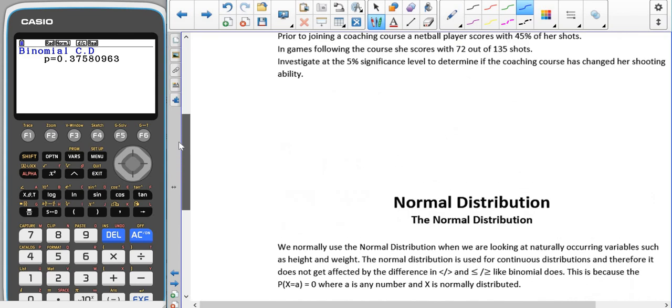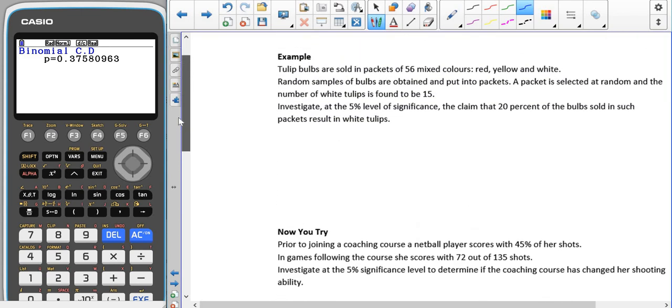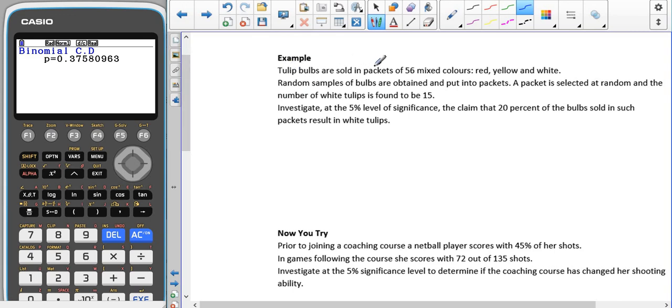So now we're looking at tulip bulbs that are sold in packets of 56, and we've got a mix of red, yellow and white. A random sample of bulbs is obtained and put into packets. A packet is selected at random, and the number of white tulips is found to be 15. So here we have 15.